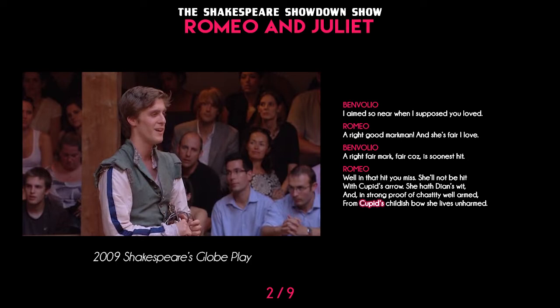The Shakespeare Showdown show believes that the best version of the play is to take the Q2 text as a starting point and then to pepper in some preferred and valid switches from the Q1 text, such as "smoke raised" and "unharmed," which is what the Globe play does. The difference being that the Globe version just peppers in more from the Q1 than we would. Is that clear? Let's listen to how this sounds.